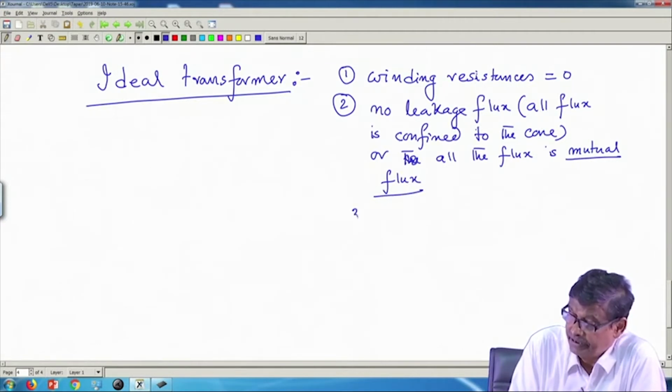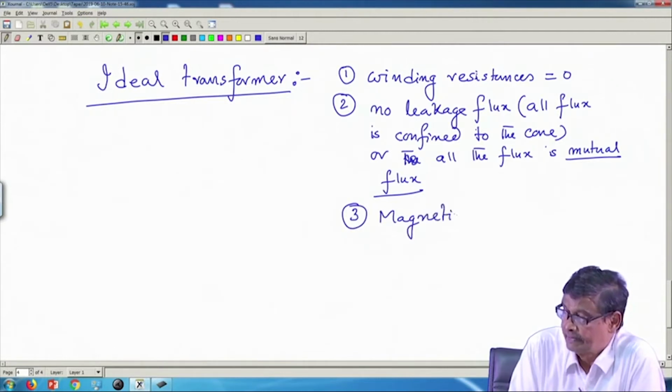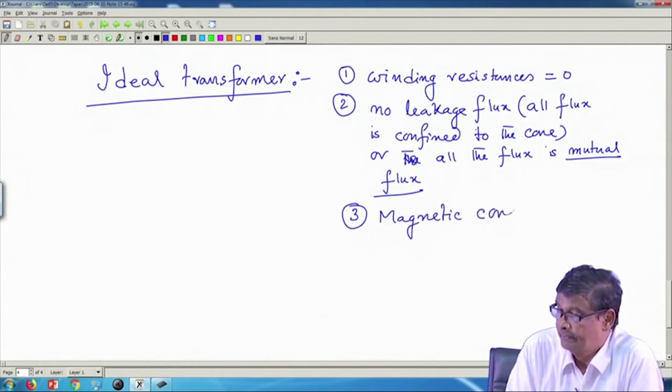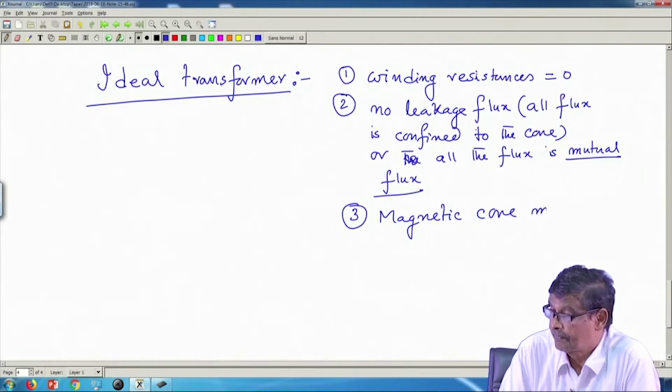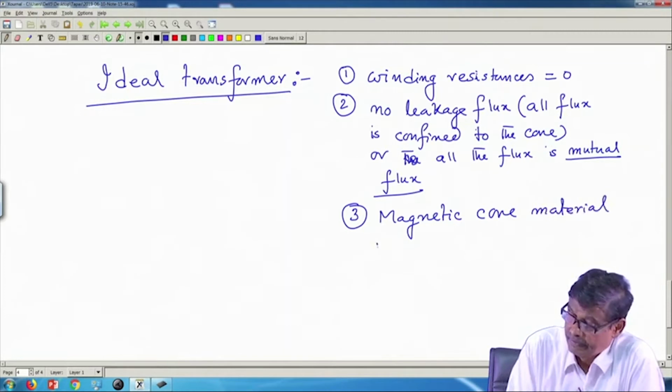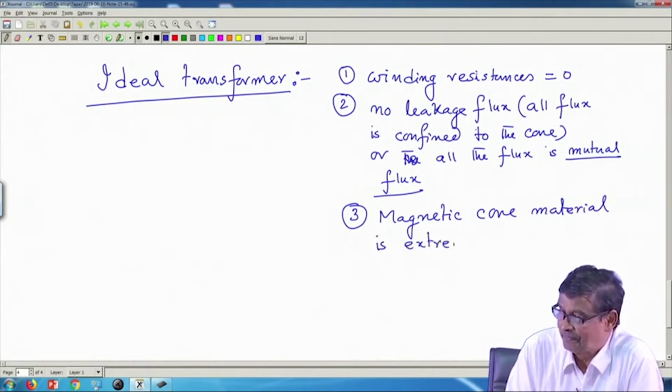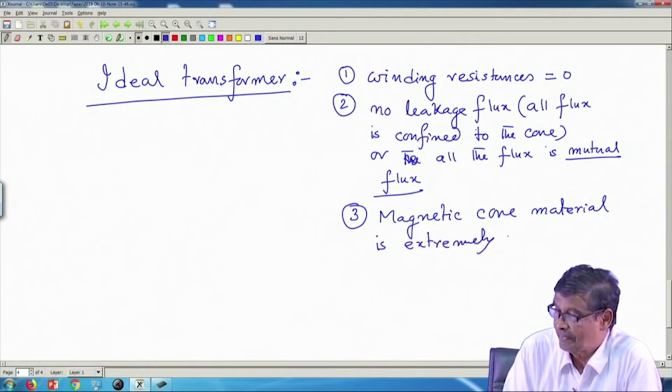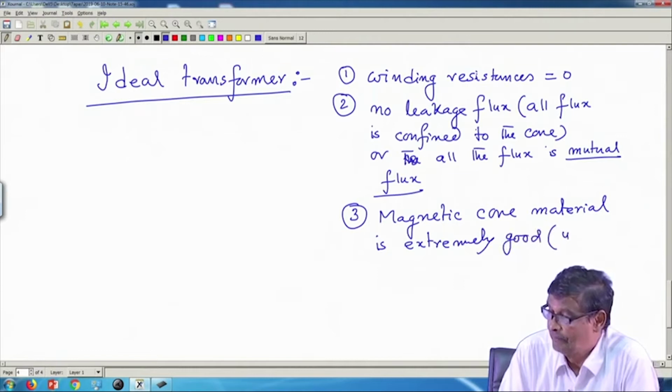And number 3 is that the magnetic core material is extremely good, mu r tending to infinity.